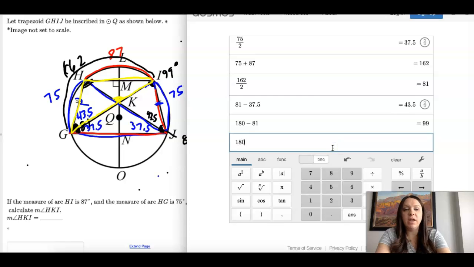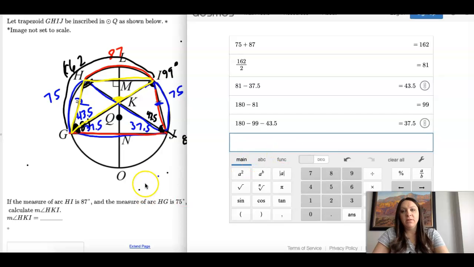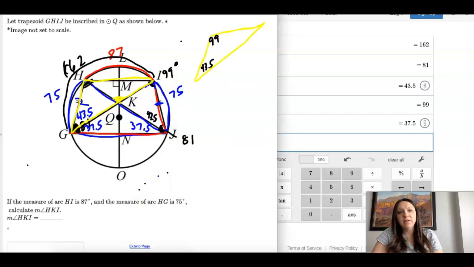I'm going to take 180 minus 99 minus 43.5. So this is also 37.5, and that gives me enough. Now I can figure out this triangle.